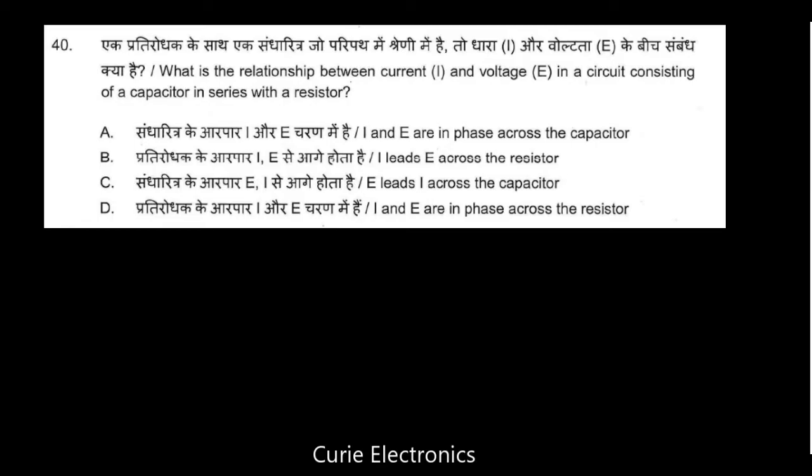Question number 40. What is the relationship between current and voltage in a circuit consisting of a capacitor in series with a resistor? We have a resistor and a capacitor connected to an alternating supply or signal. Across the capacitor, current will lead and voltage will lag.